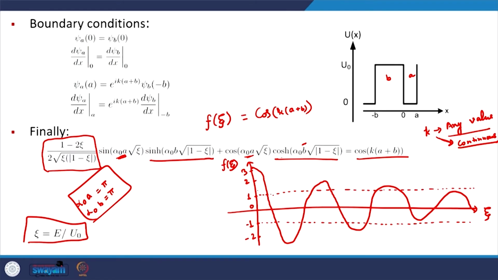We have now plotted dotted lines between +1 and -1, and we now see that on the xi axis, in this range of xi values, and similarly in this range of xi values, the left hand side function is between +1 and -1.